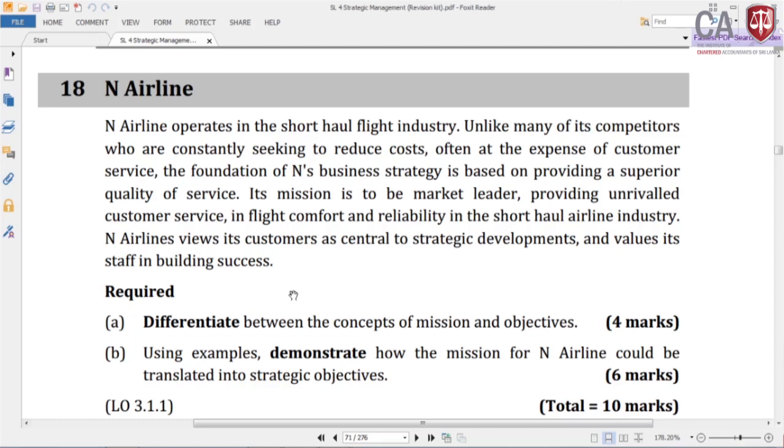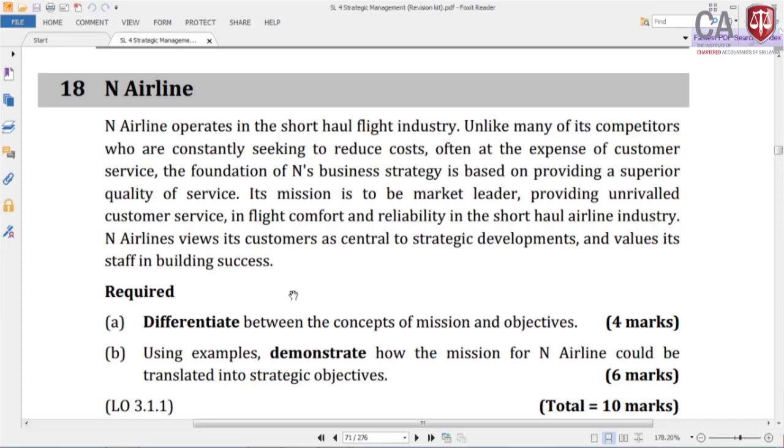Right. So, an airline operating in the short haul flight industry, unlike many of its competitors who are constantly seeking to reduce cost, often at the expense of customer service, the foundation of AN's business strategy is based on providing superior quality of service.